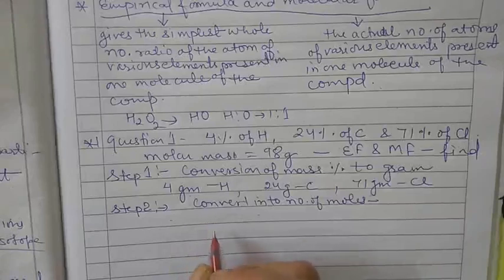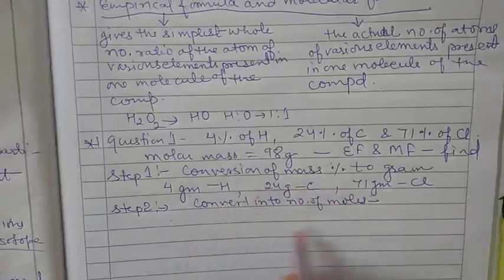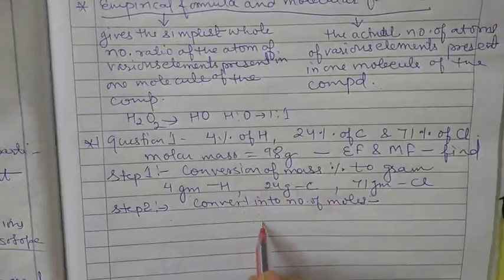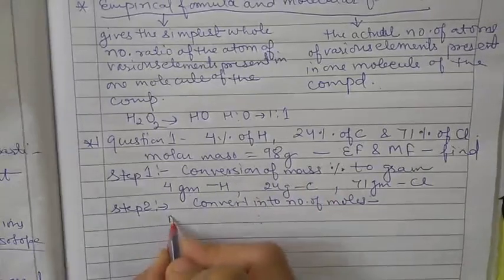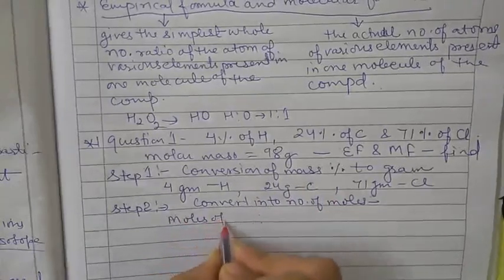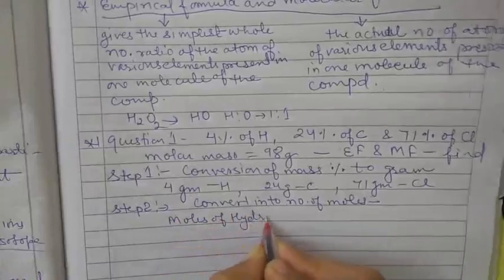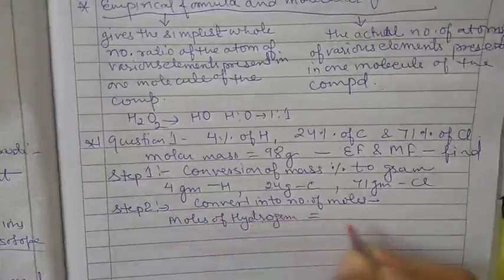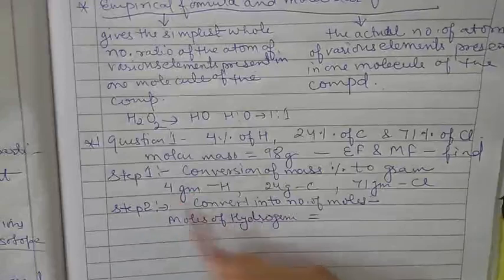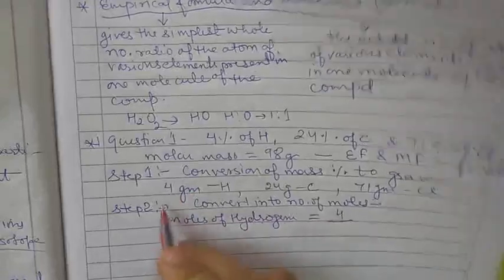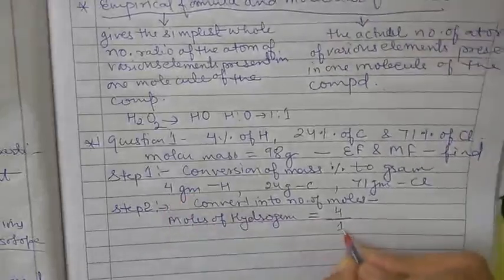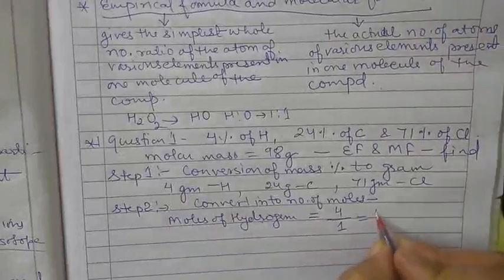So divide the masses obtained by the respective atomic masses of the various elements. So moles of hydrogen is equal to given mass. Which one is the given mass? That is 4. What is the molar mass of hydrogen? That is 1. It is equal to 4.